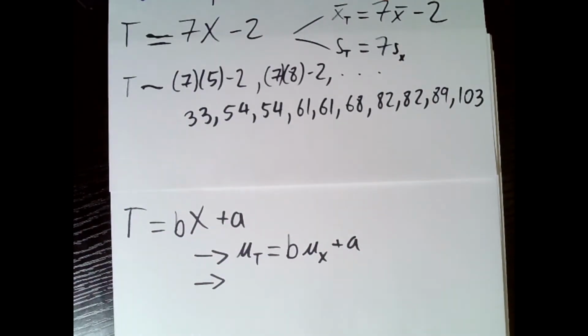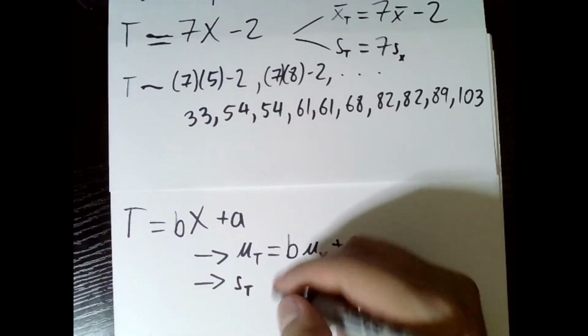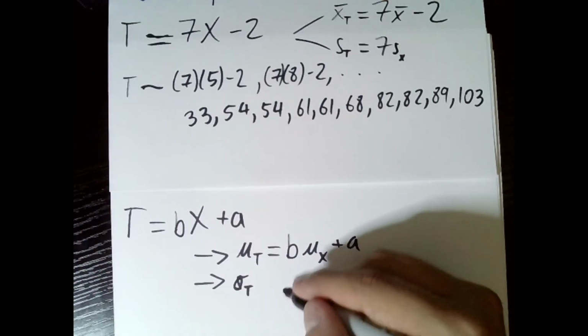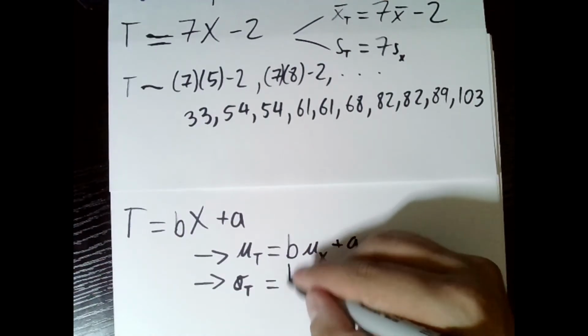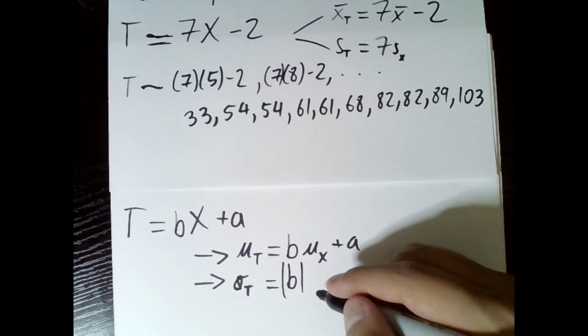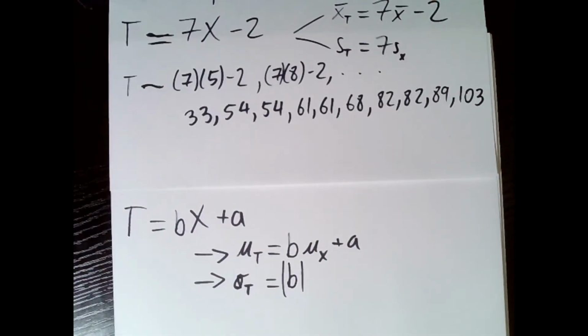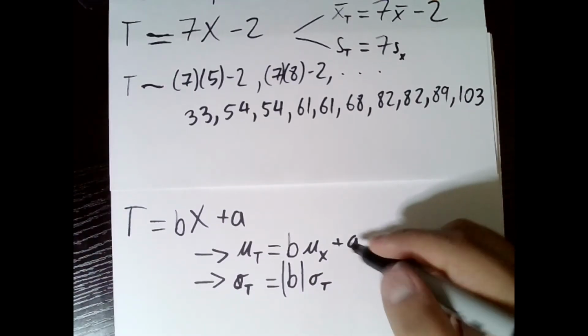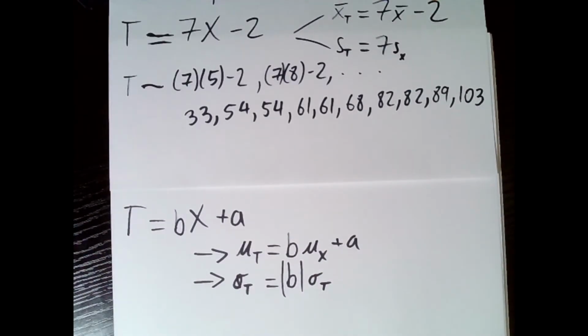Now, the standard deviation, sigma of t, is going to be equal to the absolute value of b times sigma of x, and for our purposes we'll assume b is always positive. We will not factor in the constant of addition, because we learned in the previous video that it does not affect the standard deviation or any measure of spread.